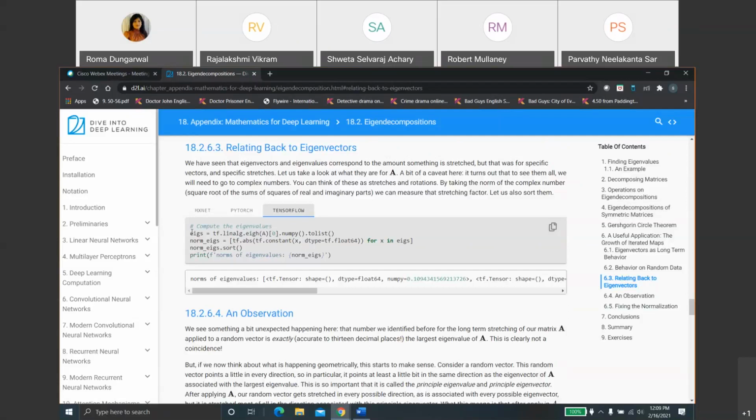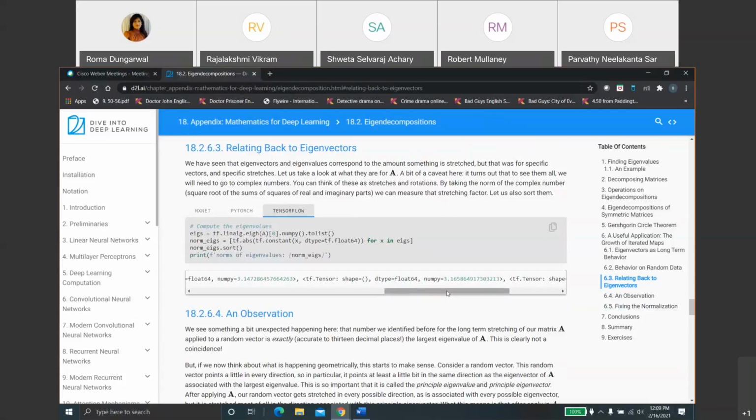So for a matrix, to calculate the norm, you will have to consider the norm for both real and complex values. When you find the norm of the eigenvalues for a matrix and sort it, you will get a certain number of eigenvalues.